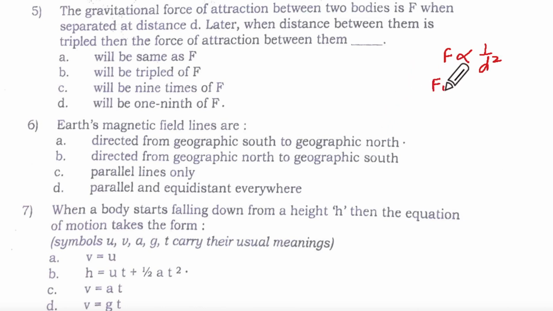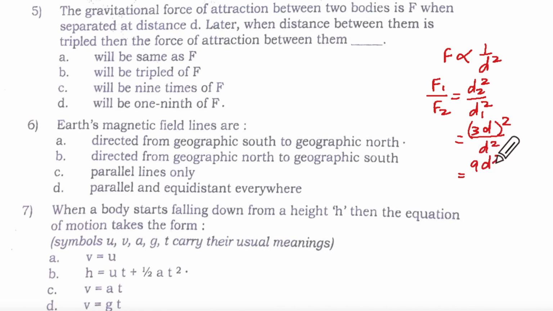So you must write F1 upon F2 will be equal to, tell me, D1 square upon D2 square or D2 square upon D1 square? D2 square upon D1 square, because it is inversely proportional. Agreed? Okay. Now what are they saying? That the distance is tripled, which means D2 has become 3D and D1 has been D only.